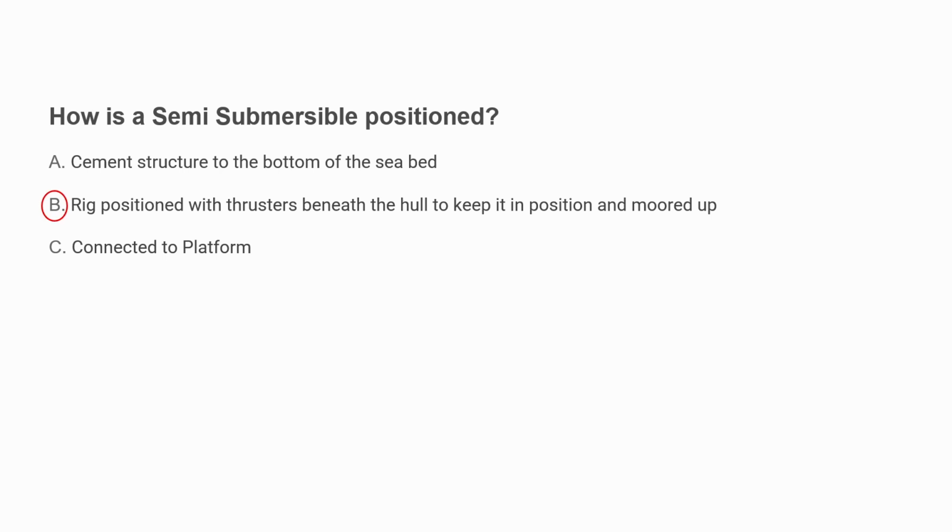The correct answer is B. The rig is positioned using thrusters beneath the hull and mooring systems. This is a useful concept because students often confuse semi-submersibles with fixed structures. In reality, they are floating drilling units designed to maintain position in deep water.